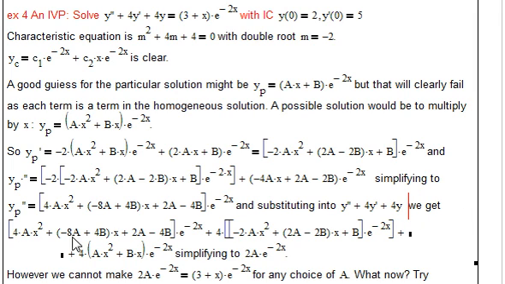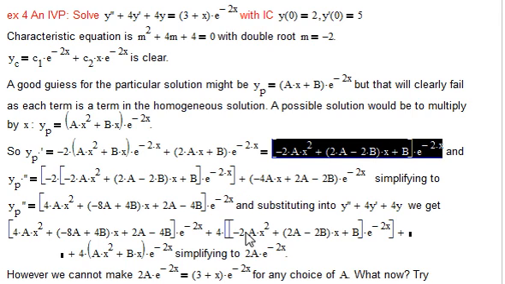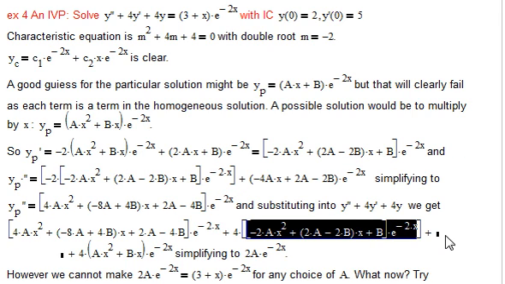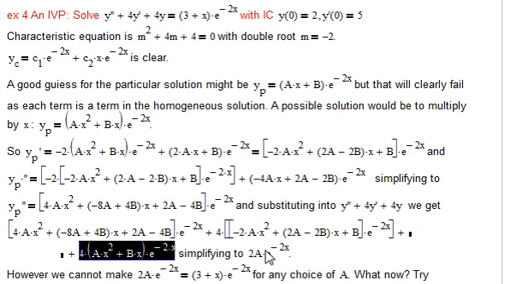Well, you get, trust me on this, I put this back in for y double prime. I put this in for y prime. There it is. And then I didn't have room to put the 4y, so here's the 4y.